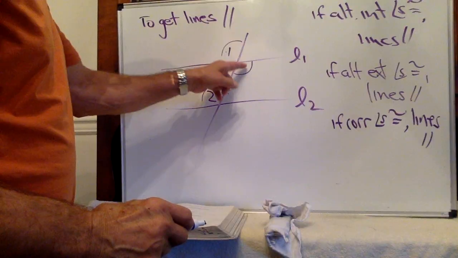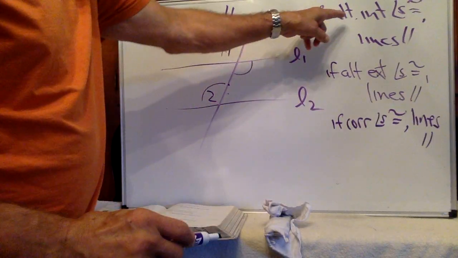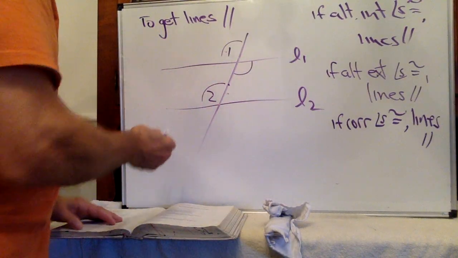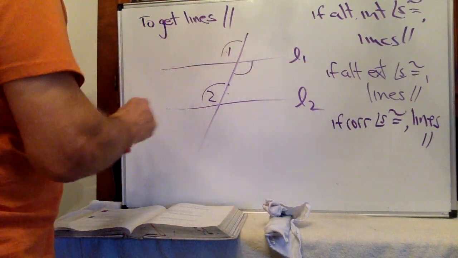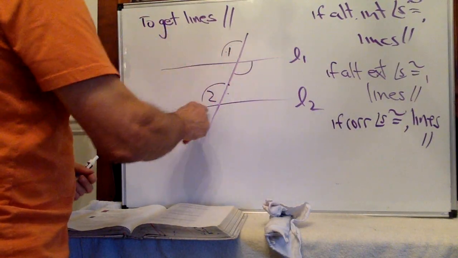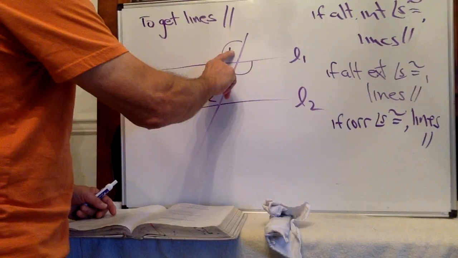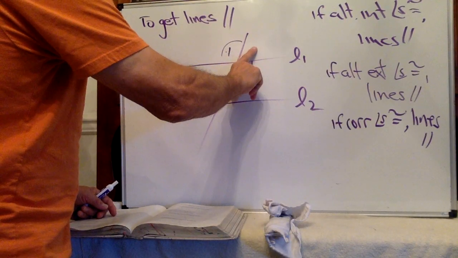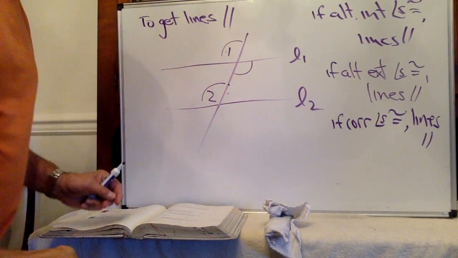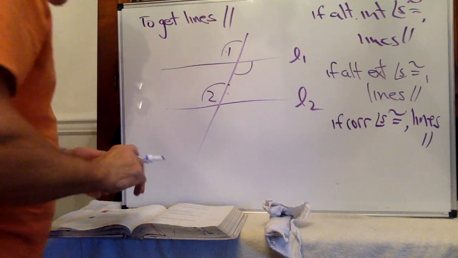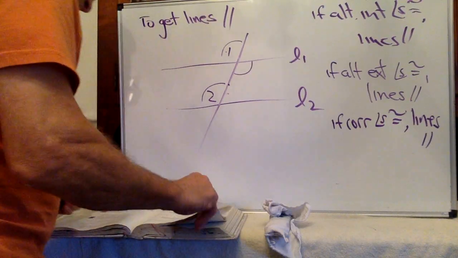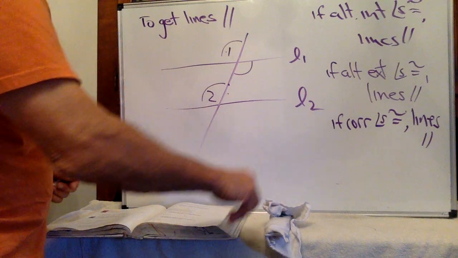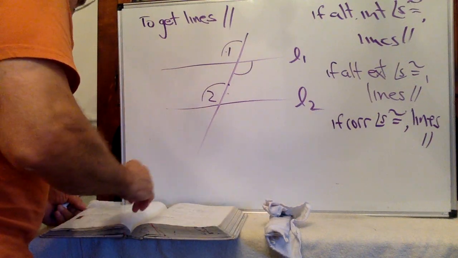They're vertical angles, and then I have a pair of alternate interior. So I don't need to go through the whole thing. If I have a pair of corresponding angles congruent, doesn't matter which pair. It could be this pair, that pair, or that pair. If a pair of corresponding angles are congruent, then lines must be parallel. So you now have 3 ways to prove lines parallel.